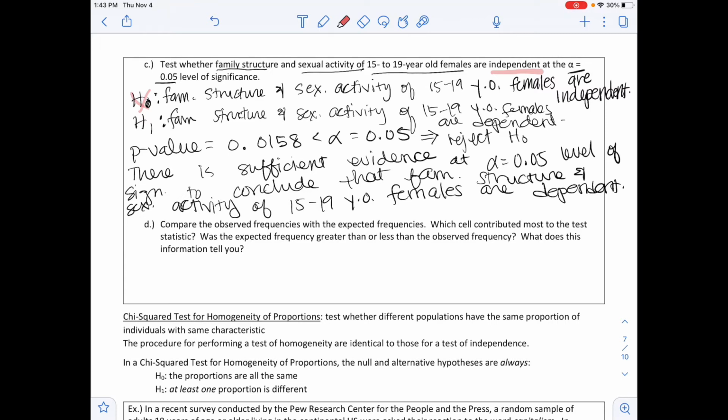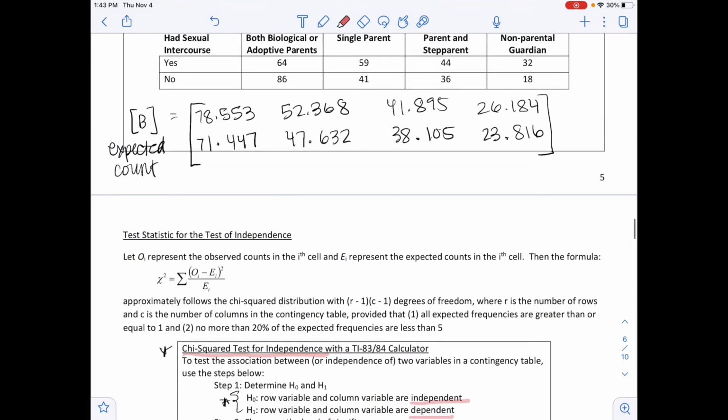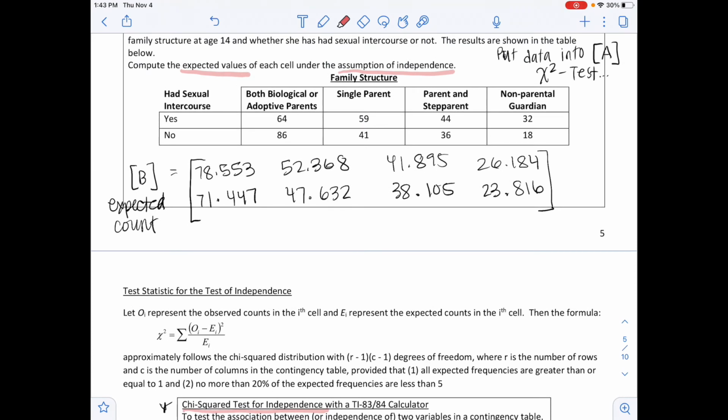If you look back at your observed and your expected counts, just comparing them, look at the first cell here. You would expect there to be almost 79 girls that would have answered yes, both biological or adopted parents they were living with at the time of them being 14, whereas they found 64 in their study, and you can see the difference there.